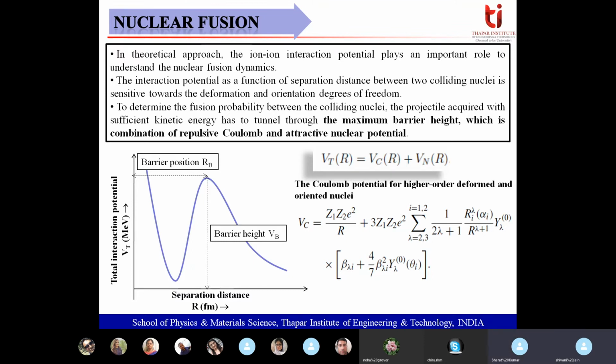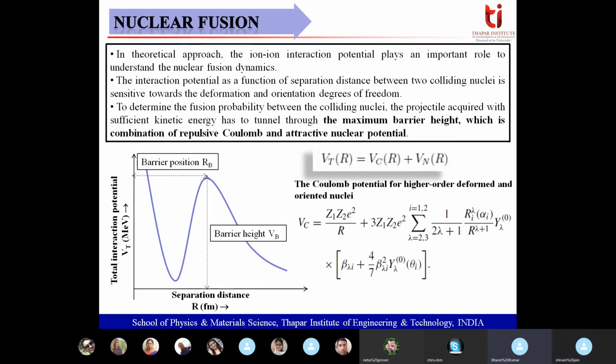Okay. Actually nowadays many relativistic mean field models have calculated the values of beta 3 and beta 4, just like you have done from this VC. In that case you can replace your VN and VC from that model. That can be another step. You are just talking about this VN for the SCUM case.